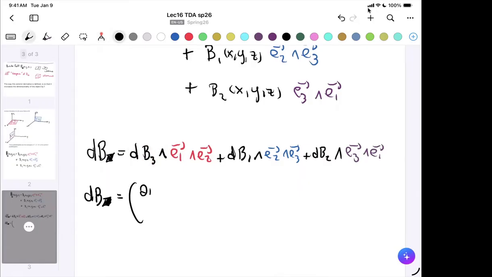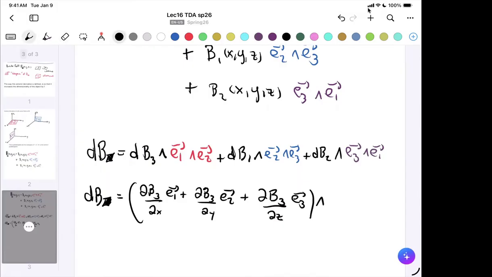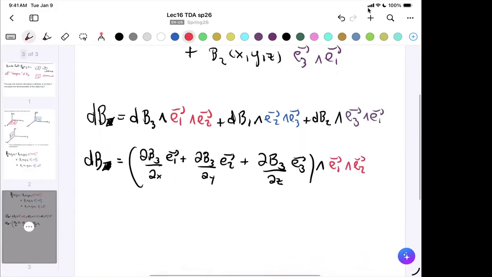So it's the derivative of B3 with respect to X, E1, plus the derivative of B3 with respect to Y, E2, plus the derivative of B3 with respect to Z, sorry, E3, and all of that is being wedged with E1, E2, and then you do the same for the other two.